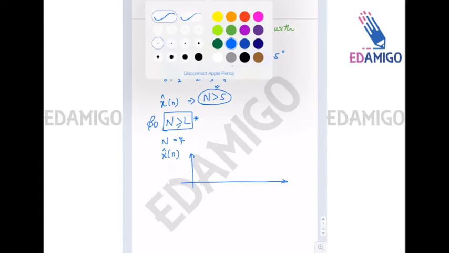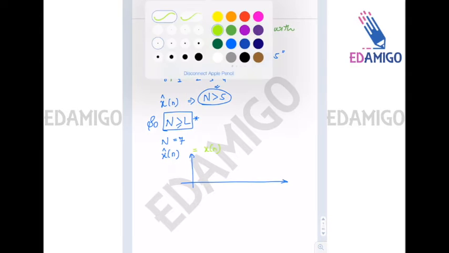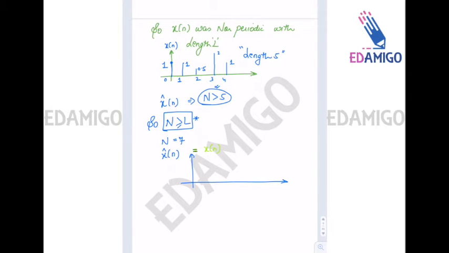So x cap n is equal to x[n] plus x[n − 7], x[n − 14] and so on, and similarly x[n + 7], x[n + 14] and so on.